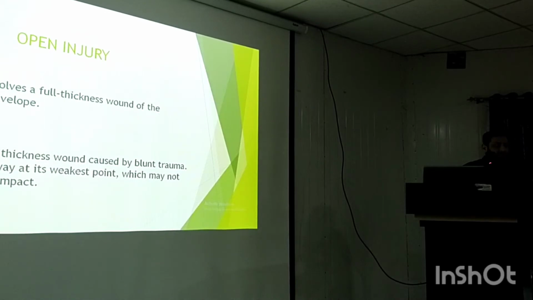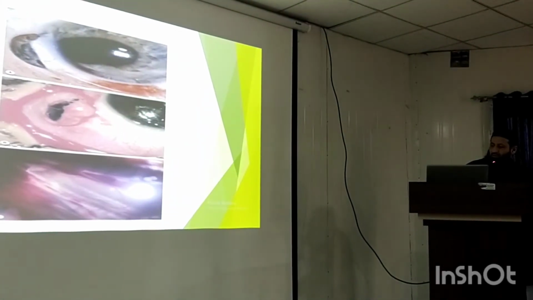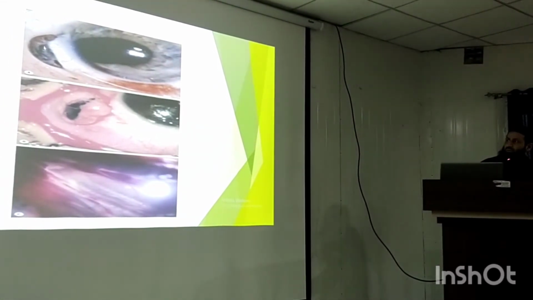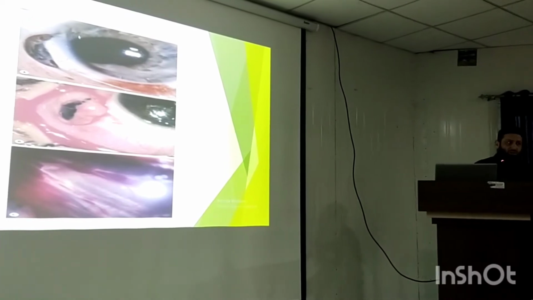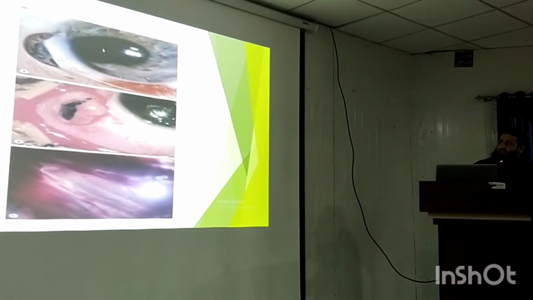Again, open globe injury. This is the corneoscleral junction, from where the iris is coming out. Just using a torch, we can see that the pupil is not regular, it is not round, and this is the scleral trauma.